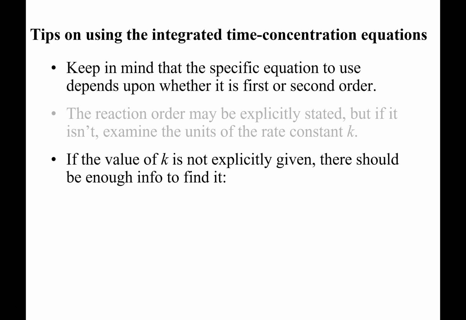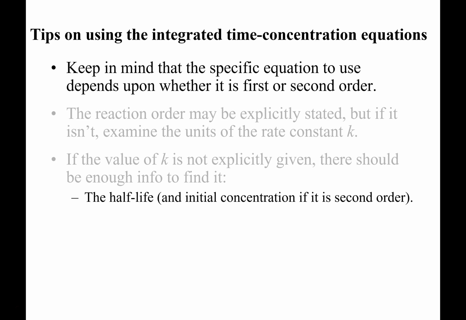If k isn't given, there should be enough information to find it. For example, if k isn't given, but your half-life is given, and it's first order, you can go ahead and find k. We have a half-life. We can rearrange this to find k.